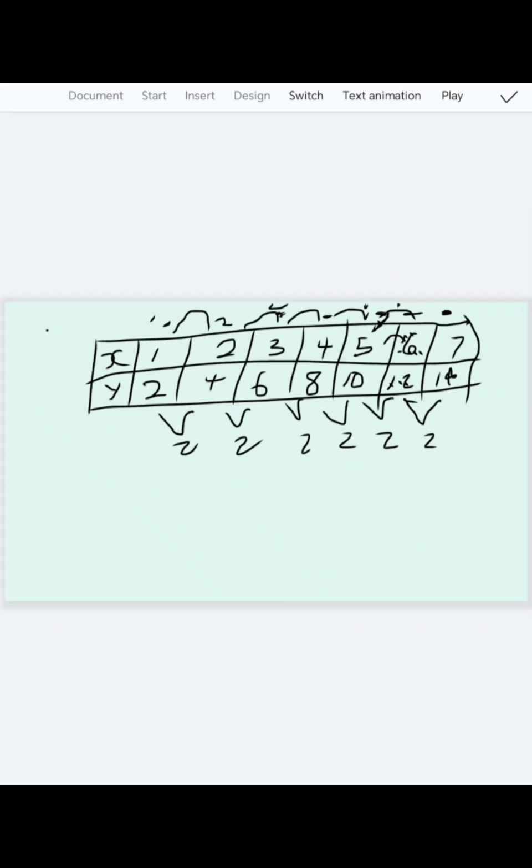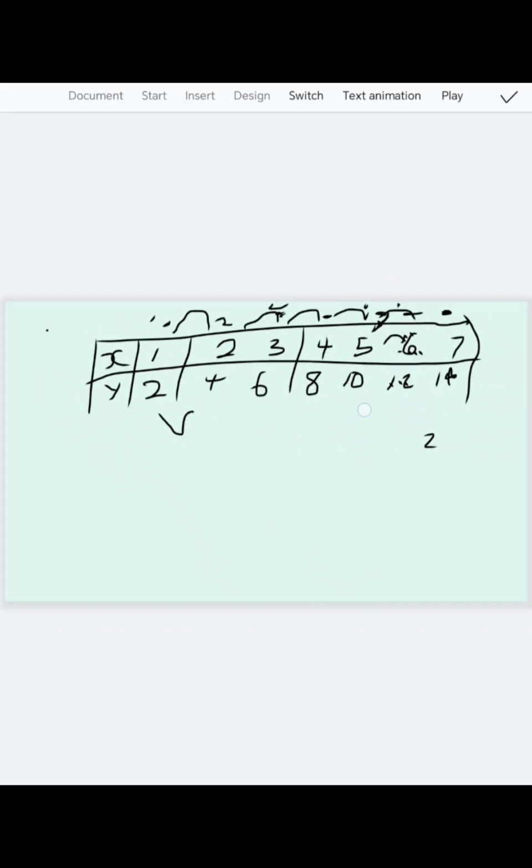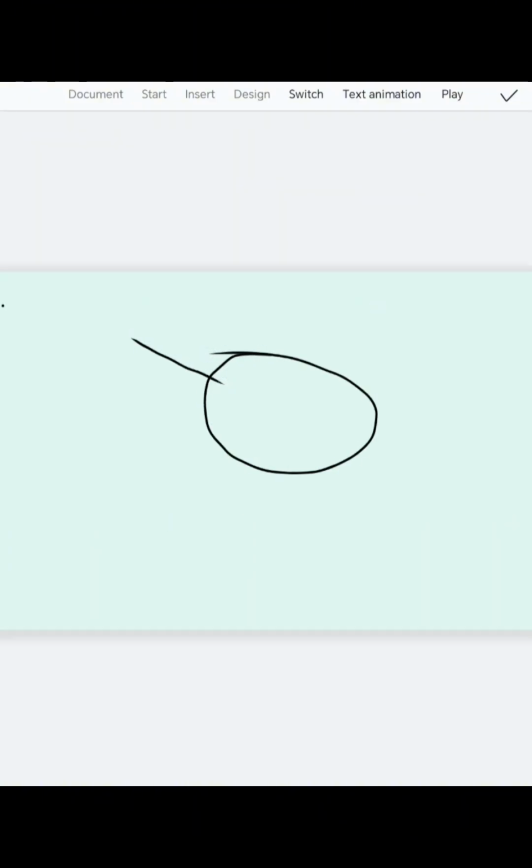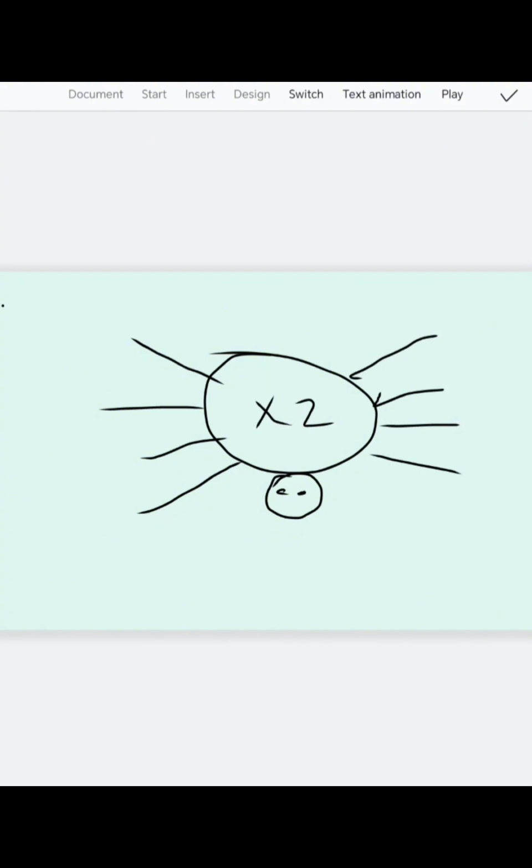Another example, which you did in, let me say, grade 7, where they give you something like this. They said this thing is a spider, let me say a spider diagram. 1, 2, 3, 4. Here they can say multiply by 2. Here they can say 2, 4, and here they can skip and put 6.